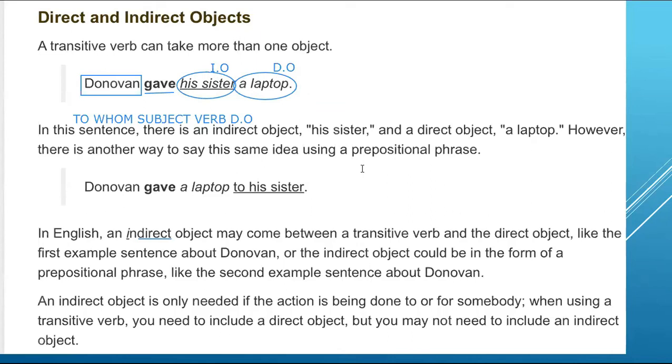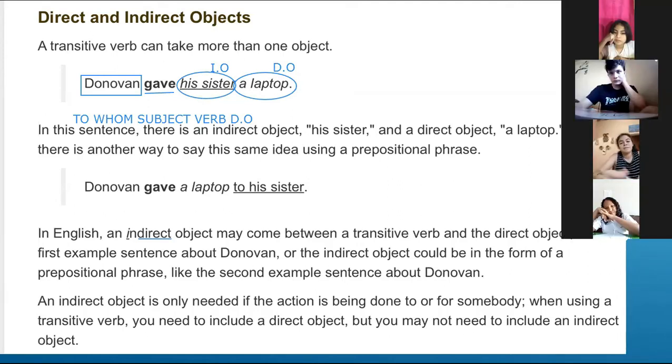Do you have questions about how to get an indirect object? Anyone? So I will ask a question. Is it necessary for a transitive verb to have an indirect object?